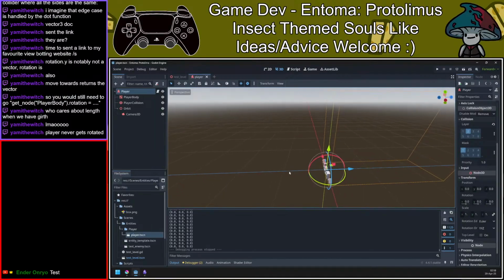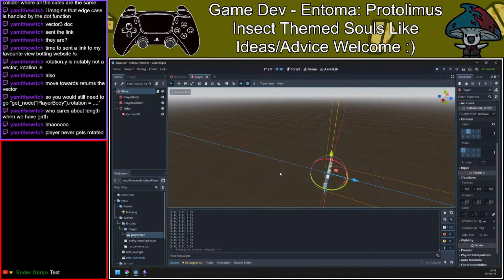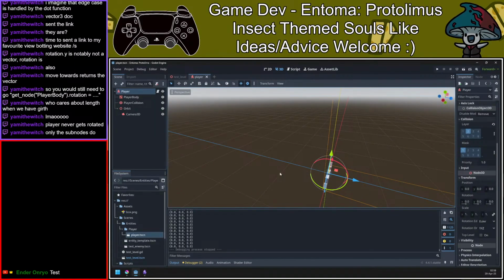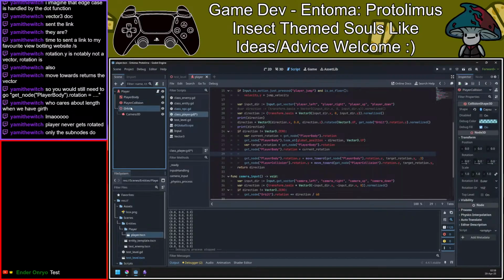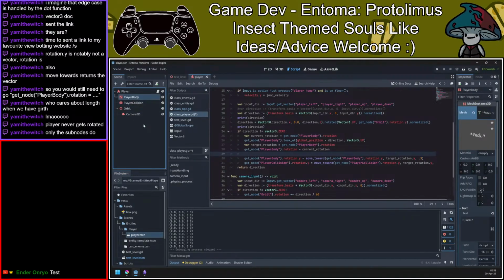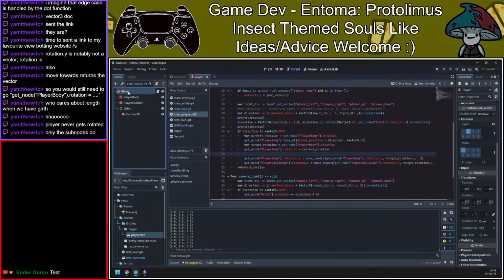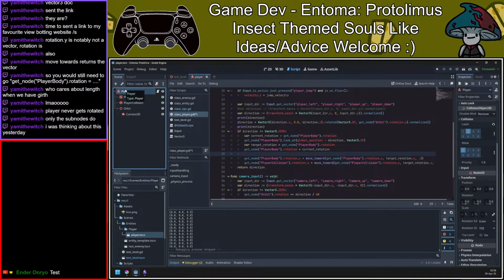Player never gets rotated. Yes, it does. Only the subnodes. No, the player body. Oh, okay. Sorry, I was thinking the player as in the entity character. Yeah, so this is basically more or less for raw position.